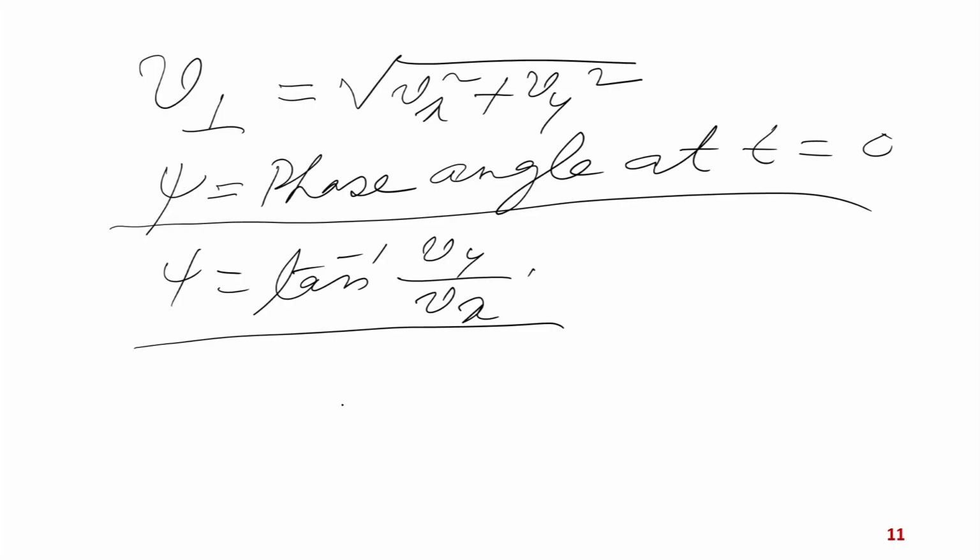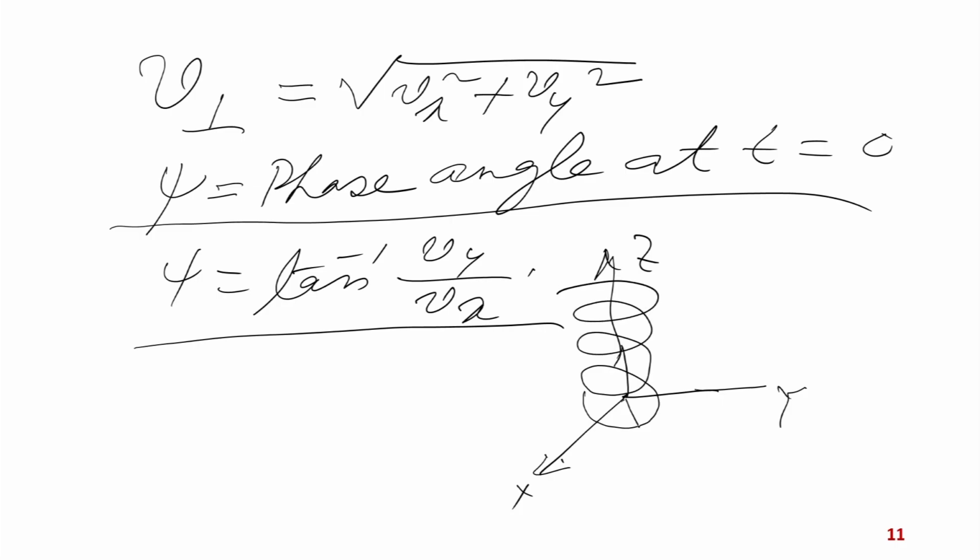If I draw this, this is the x axis, this is the y axis, and this is the z axis. The direction of the magnetic field is z directed. So, the particle will have its movement like this.